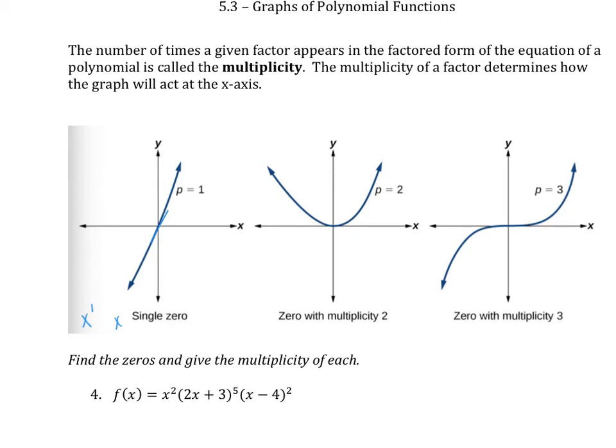If you have a 0 with multiplicity 2, like let's say x squared, so the exponent is a 2, it bounces off the x-axis, just like it would if it was a quadratic, right? It looks like a parabola. If you have a 0 with multiplicity 3, so a factor with an exponent of 3, then it looks like a cube, right? It wiggles. So it changes direction, goes up and wiggles and keeps going up.